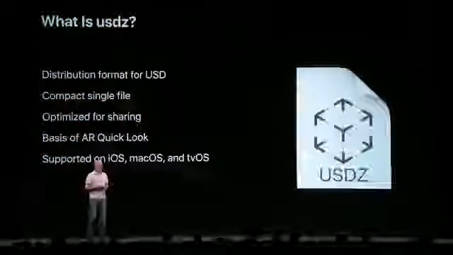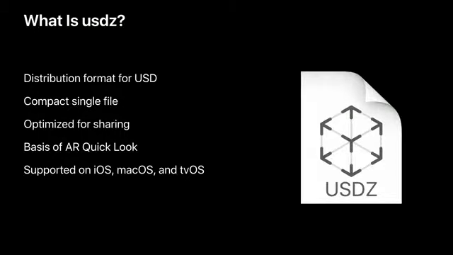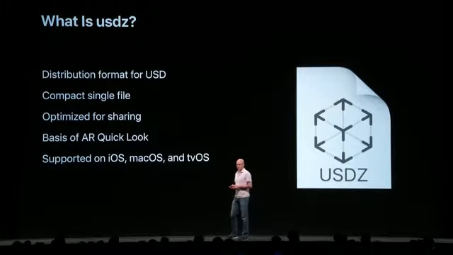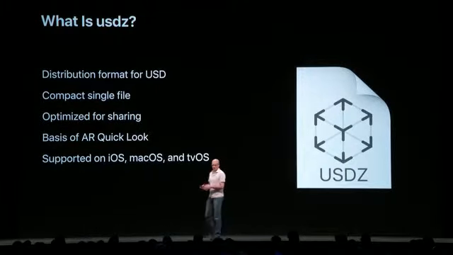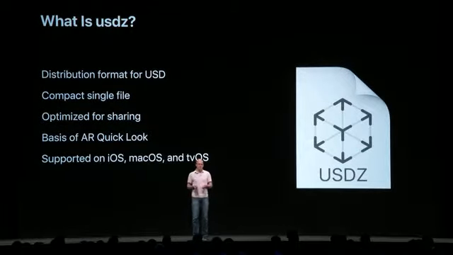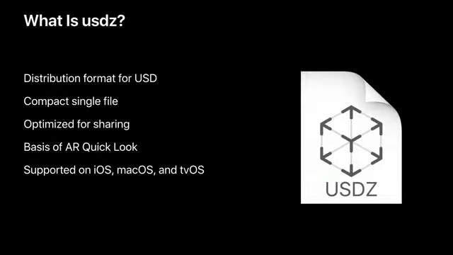So what is USDZ? USDZ is the distribution format for USD. It contains all the data related to a 3D scene packaged up in a single compact file. It's optimized for sharing, and it's the basis of AR Quick Look. USDZ is supported on iOS, macOS, and tvOS.